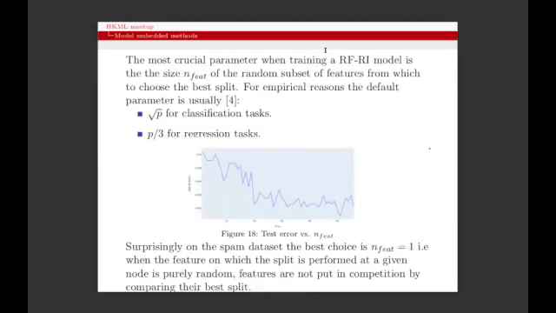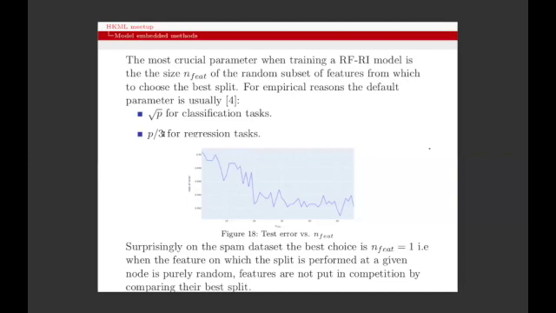The most crucial parameter when training a random forest is to choose the number of features that we randomly draw for each tree. Usually in packages where random forests are implemented, the default parameters are square root of p for classification tasks and p over 3 for regression tasks, where p is the number of features.